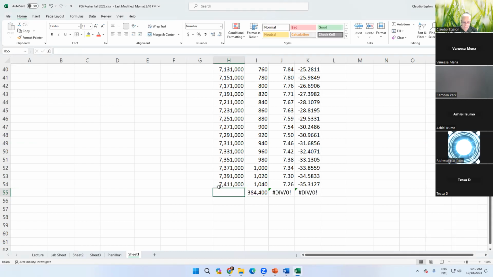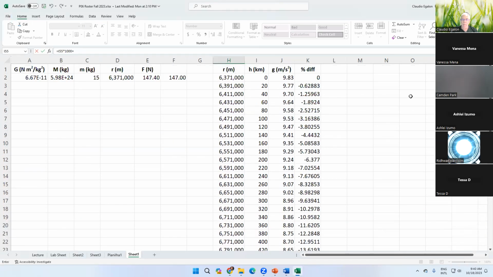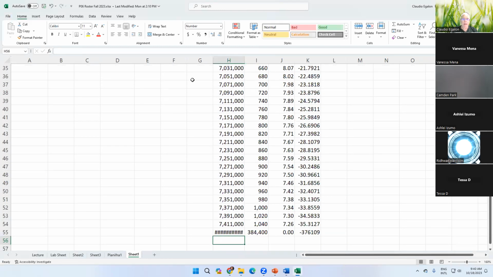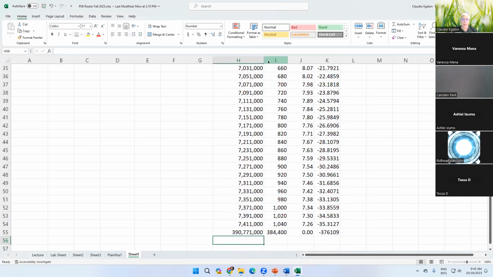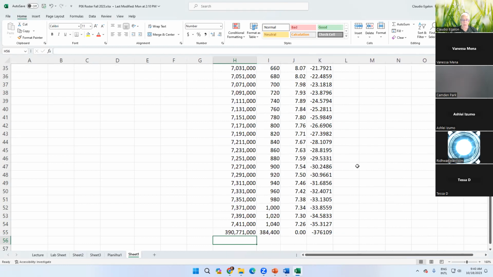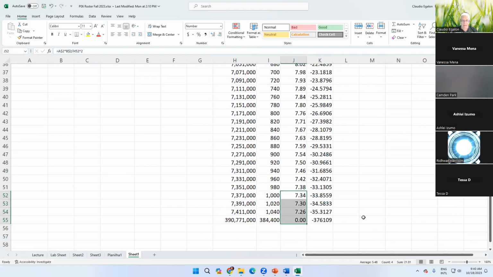You know what? Let's see. We're gonna be like that. Yeah, very big number. And what do we get for the acceleration of gravity there at that distance?